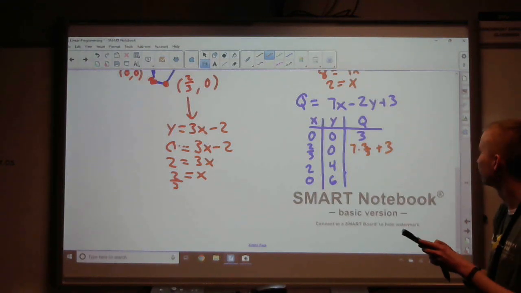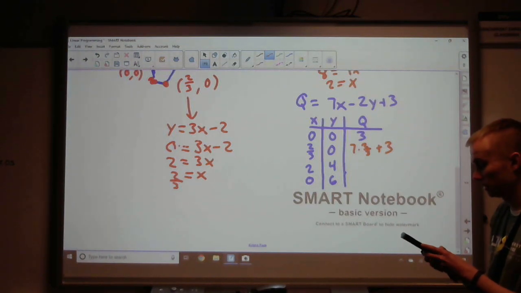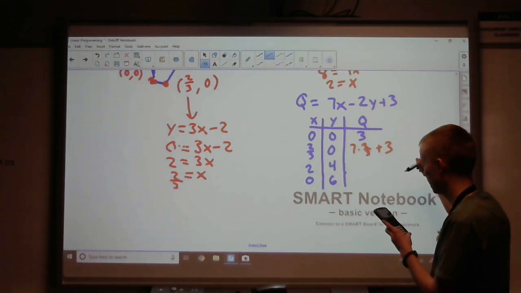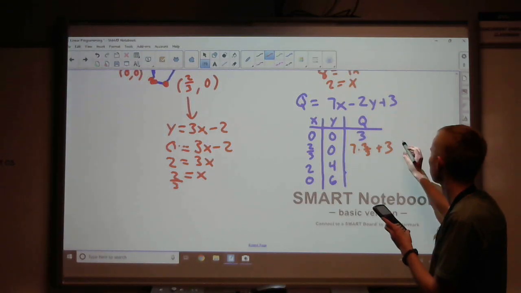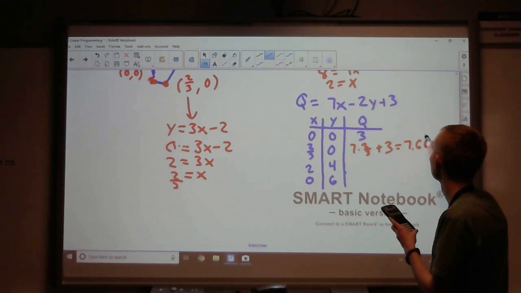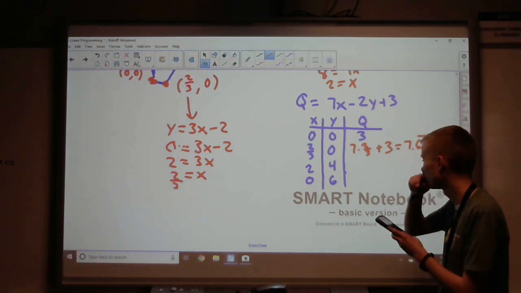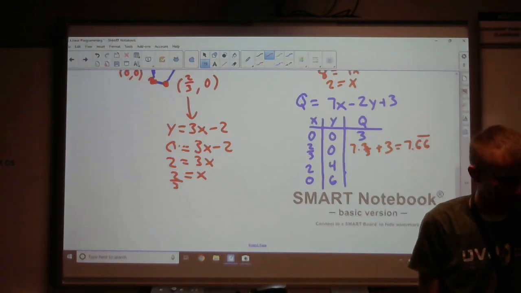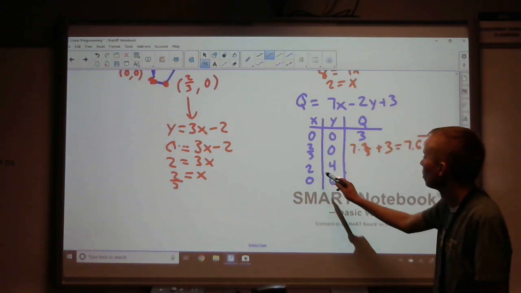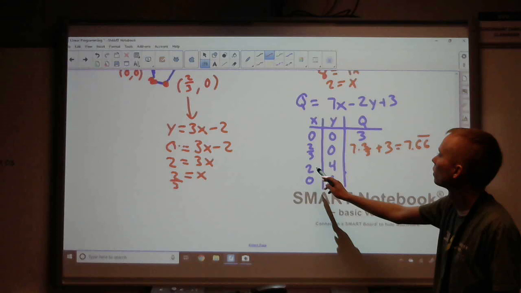It will be good. And then we're going to plus 3. Okay, so apparently this is about 7 and 2/3. So 7.66 repeating. That's our value there. Okay? Now I'm going to plug in 2 and 4 in for x and y.